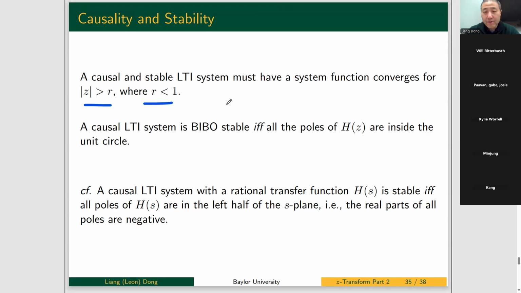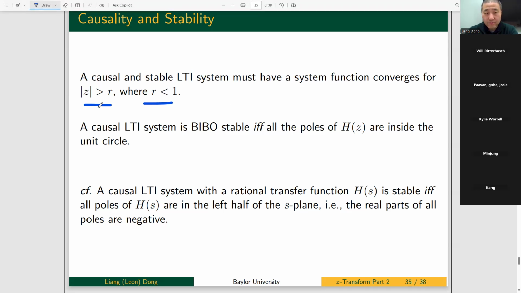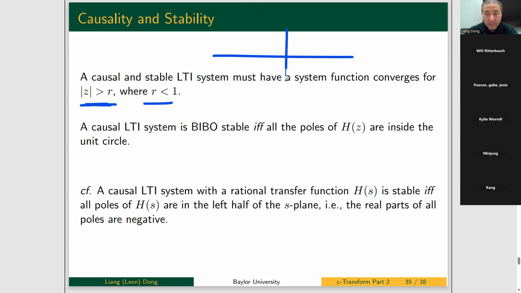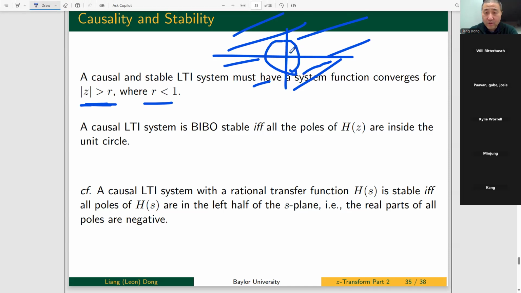This is for causality. It's the exterior of a circle. So let me draw this again. For a causal system, the region of convergence should be outside the circle. Now let's say the radius of the circle is R.